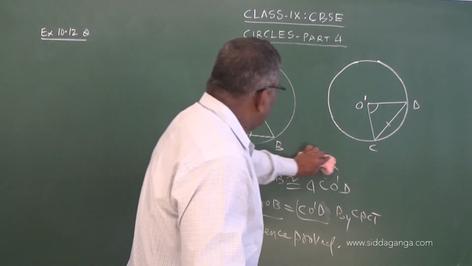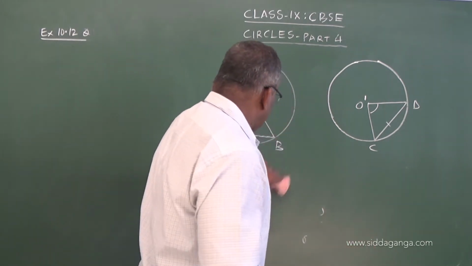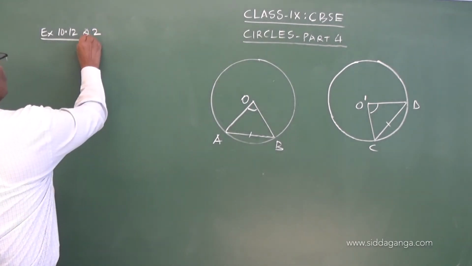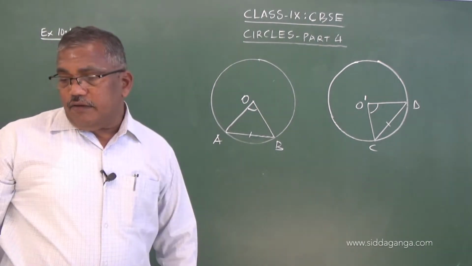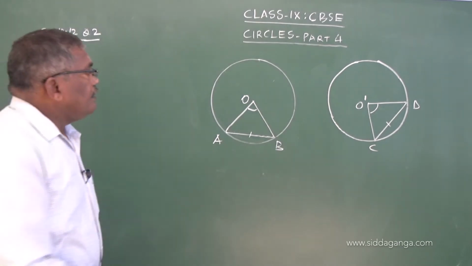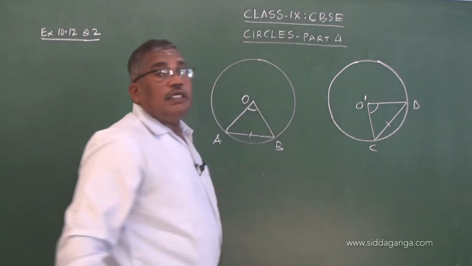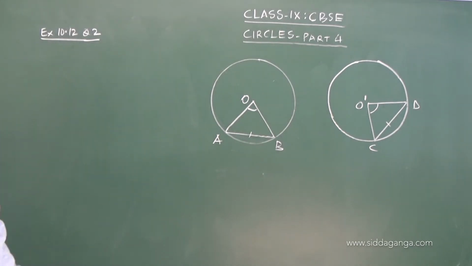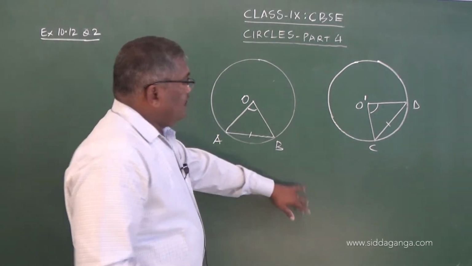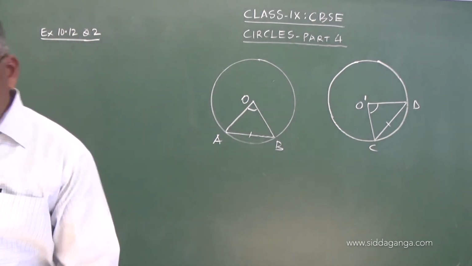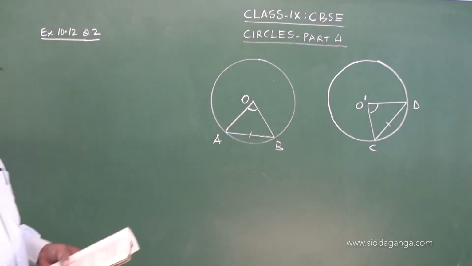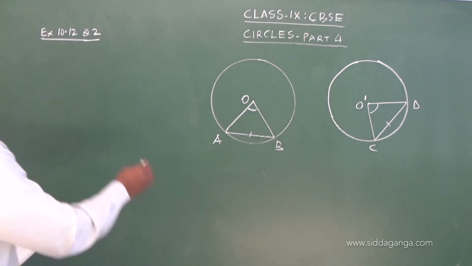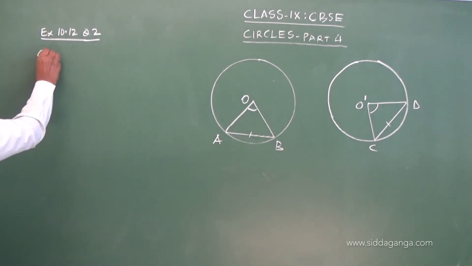So the next is question number 2. Here, with the same figure, we can continue for question number 2 also. Only the given data and what is to be proved change slightly. So what is given here?